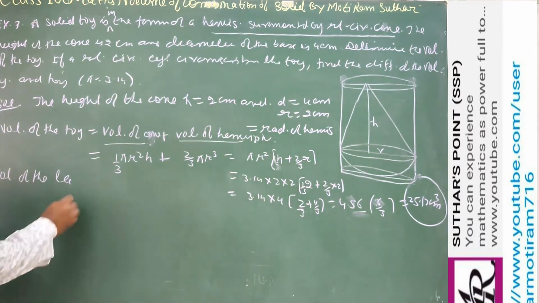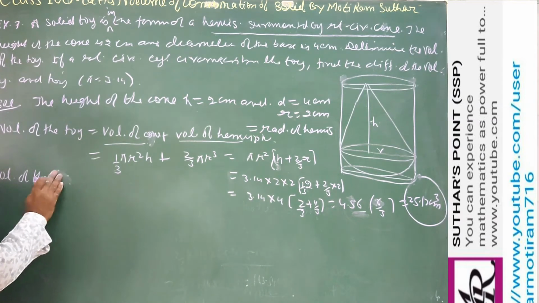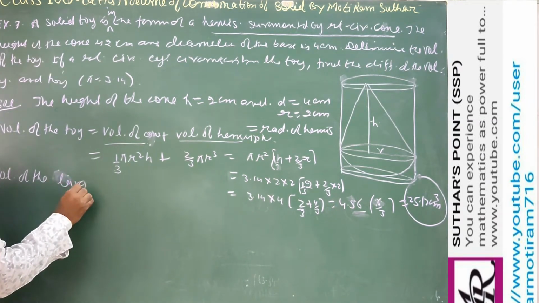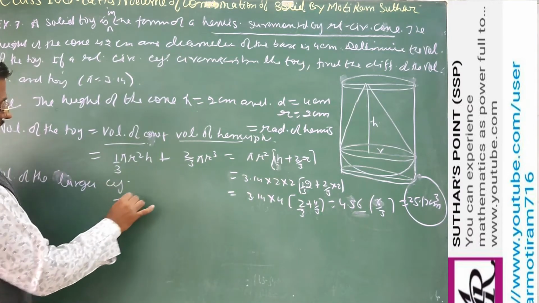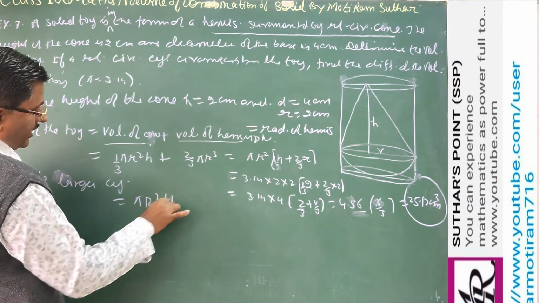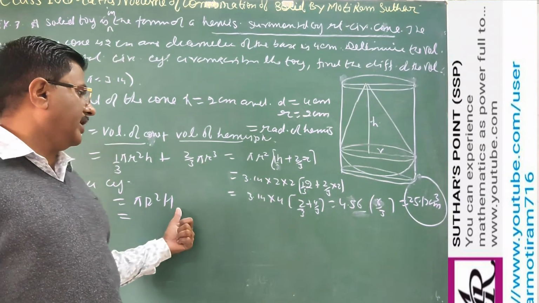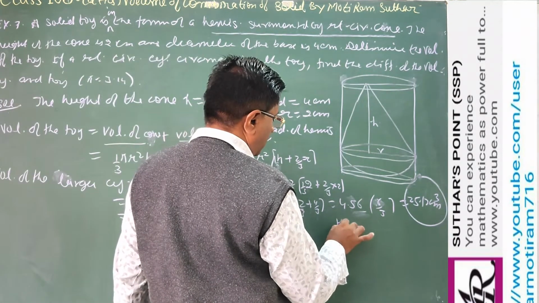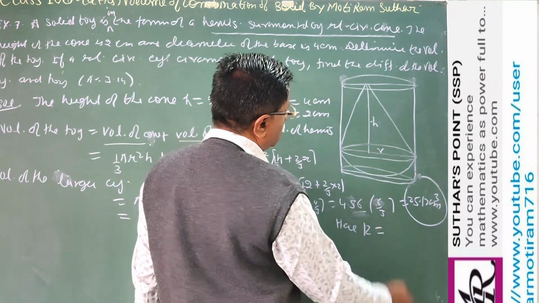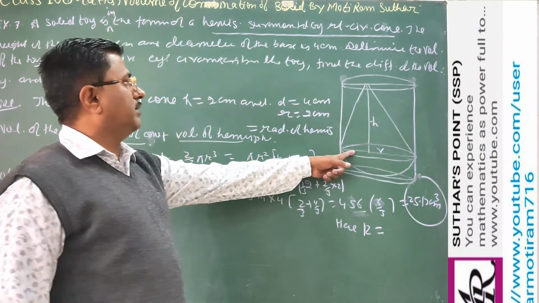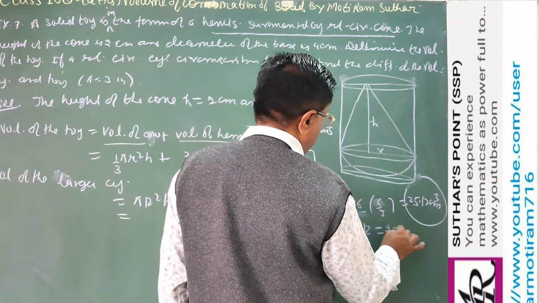Now the volume of the larger cylinder is pi r square h. Here the radius is the same because this is circumscribing, so it is 2 centimeter.